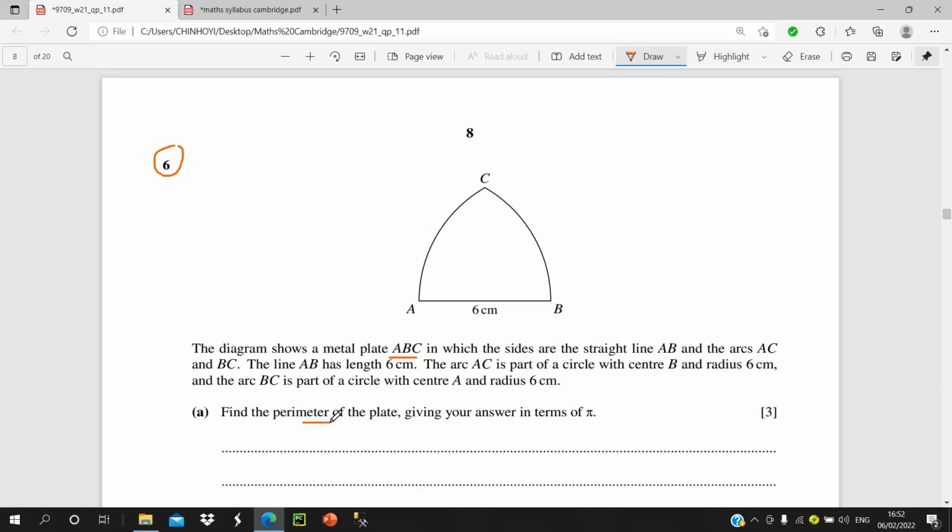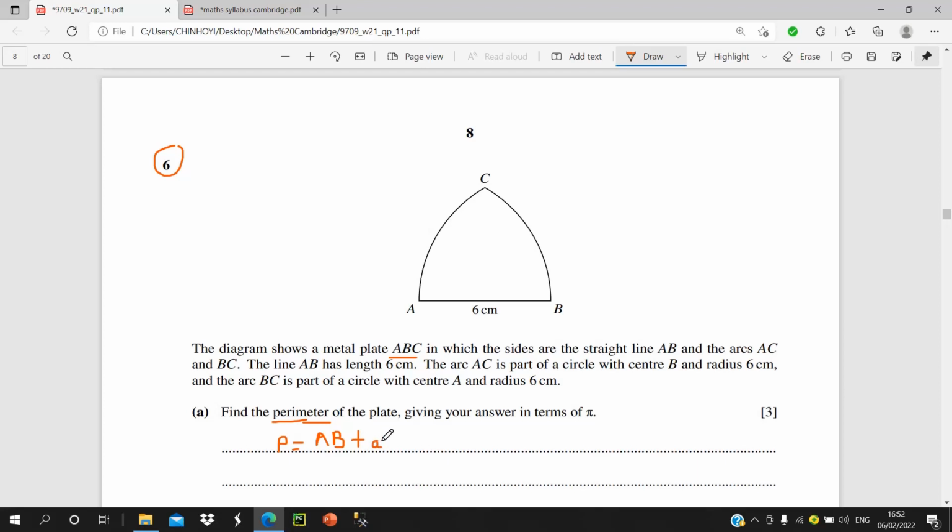So we need to define perimeter. What is the perimeter of the plate? Perimeter is the distance right around the shape. So the shape is made up of 3 things. We have the side, the length of AB. Perimeter, we are going to say the length of AB, where AB is a straight line, plus then we have AC, which is the arc.